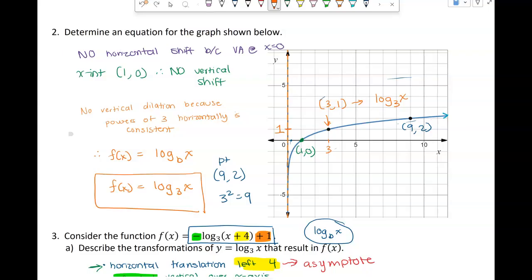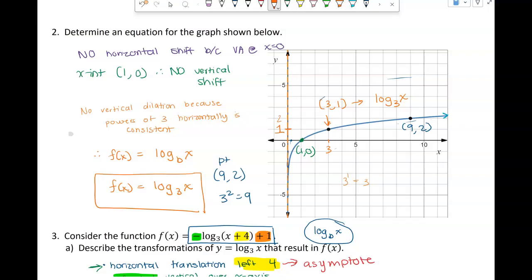We have to look at, okay, what's our base parent? Well, if we look at the y value of 1, so when the exponent is 1, the base would be 3, right? So if you think about that, 3 to the 1 is equal to 3. So that gives you your base parent. And then therefore the second value, our y value of 2, would be at 9, which it is.